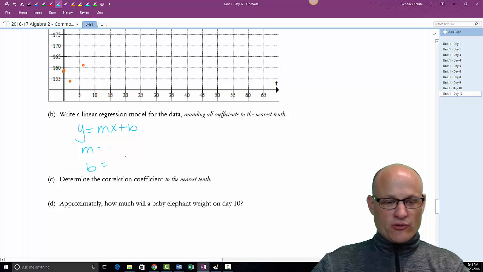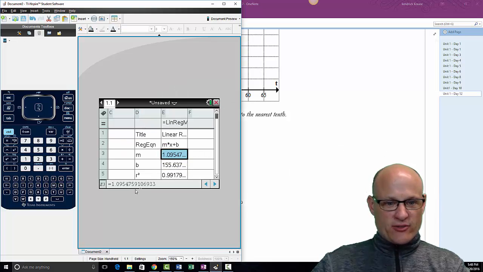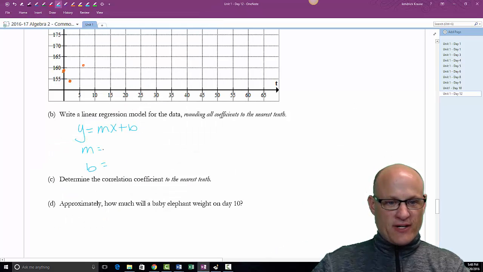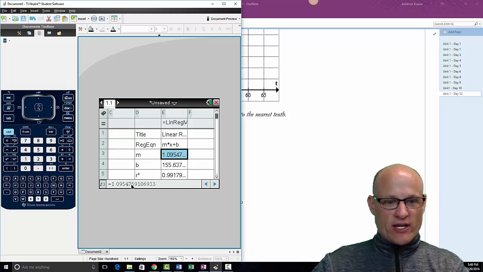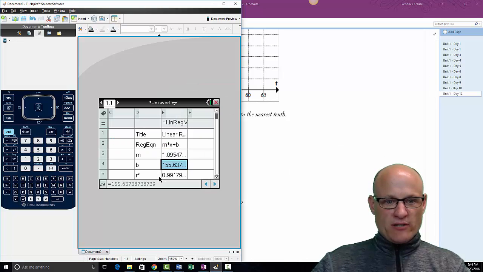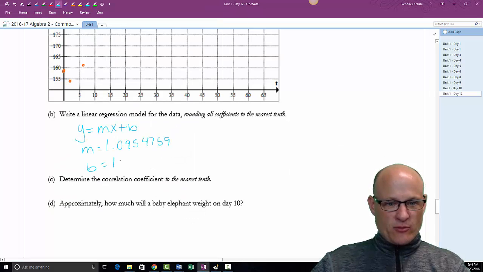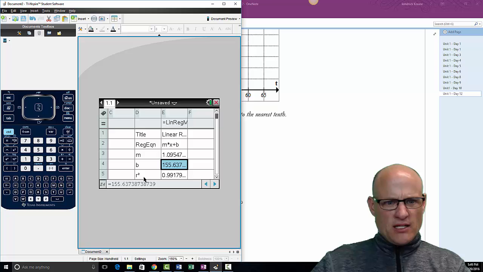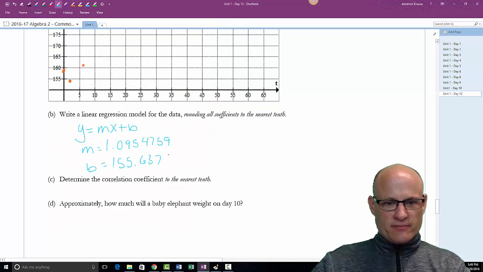We need to know what b equals. Write the unrounded answer. It's down here, 1.095 4759. Plenty of digits. B, 155.637 38738.